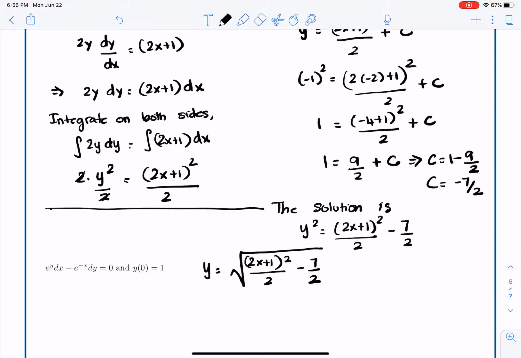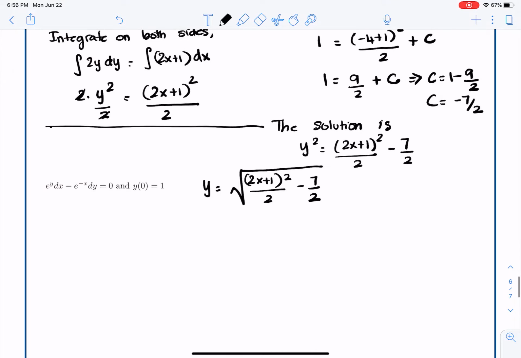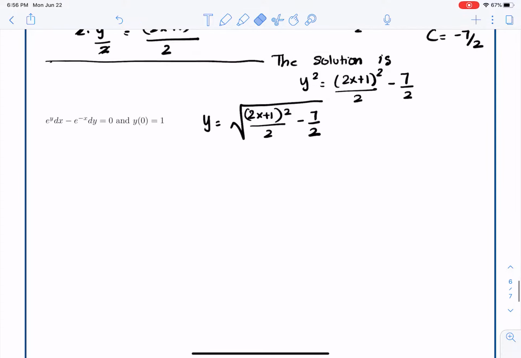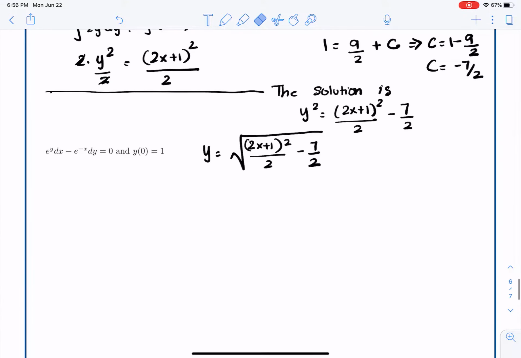Now, since we have a square root, the term inside the root has to be greater than 0. So what we require here, I may have to move that problem to the next page. So the condition is the term inside the root has to be greater than 0.